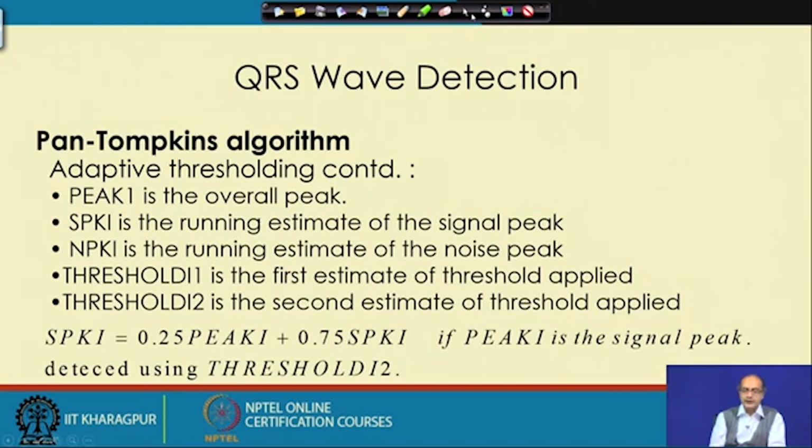Under that situation, we need to update the thresholds so that we do not miss any peak, and for that we have used the second threshold to get that peak. Now, after getting that peak, if it is a signal peak, we should update the estimates more quickly, so that next time such a thing does not occur. So, we increase the speed of adaptation in this case.